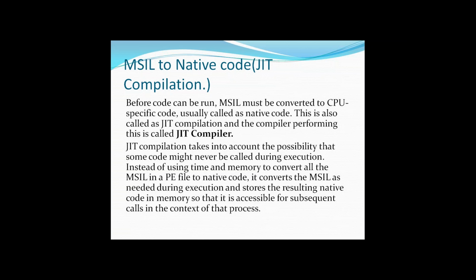So let me quickly explain what this means. As a second phase of your compilation, only the particular component of your MSIL which is required at a given point of time would be converted into native code instead of converting everything, right? Because at a given point in time you will not use 100% of the code.